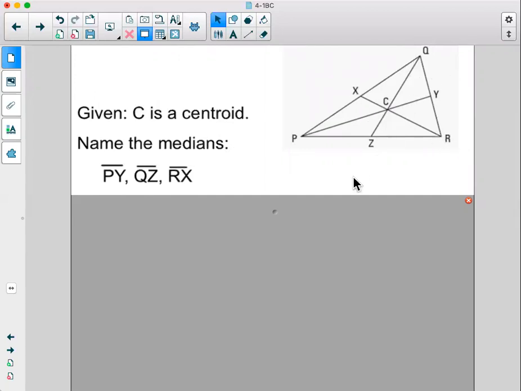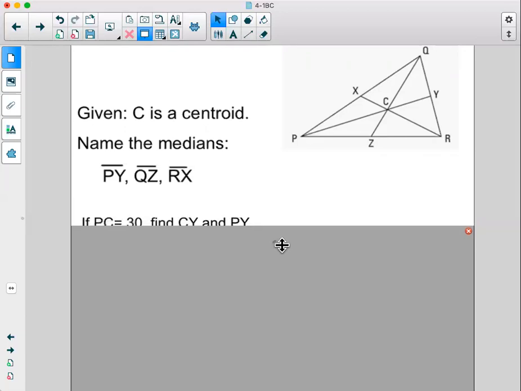That means they must be medians. Next question, if you're told that PC is 30 units long, find the length of CY and find the length of PY. Pause, use the theorem of the day, and then press play for the solution.